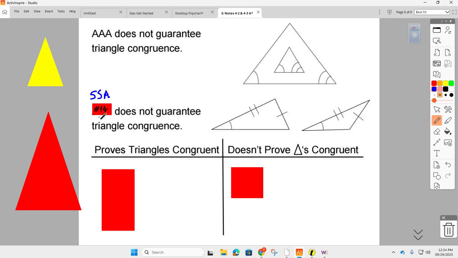You're never going to give SSA, or written in the reverse form, as a reason for congruence. Two sides and one congruent non-included angle cannot prove that two triangles are congruent, if that's all you have. If you only know that two sides and a non-included angle are congruent, you can't say those triangles are congruent, okay? So no curse words on your test, right?